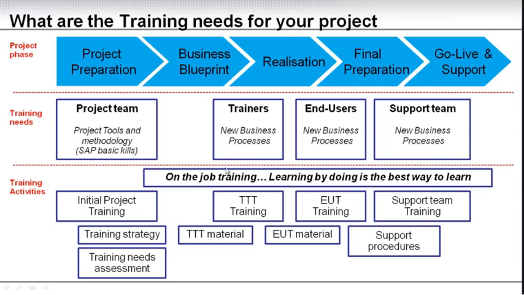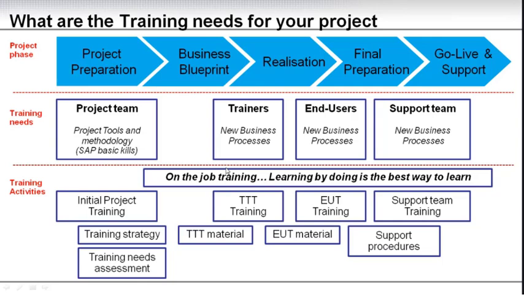And if you remember the chart and the pyramid in the beginning, learning by doing or teaching others are the best ways. So on the job training: I've seen on a number of SAP projects where you have a vendor, the internal staff tend to lean back and say, no, it's not us, it's the vendor who needs to do this.